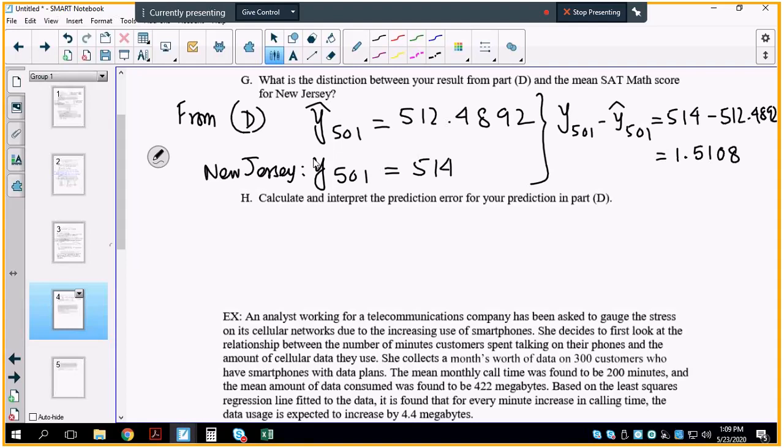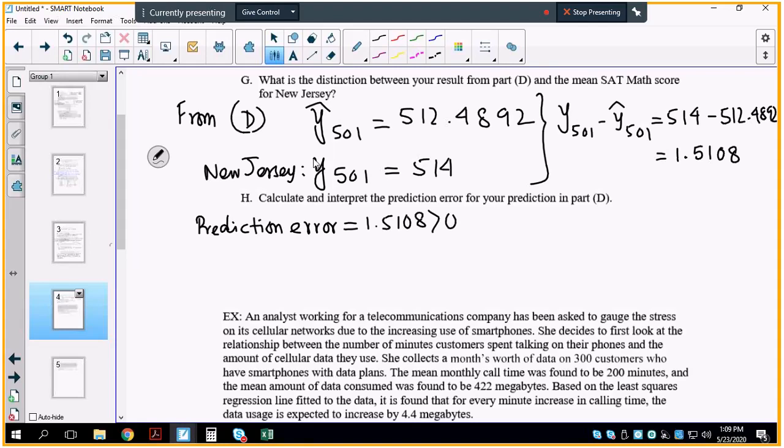And then it is saying calculate and interpret the prediction error for your prediction in part D. So we already calculated the prediction error. We will say the prediction error is equal to 1.5108. Remember, this is positive, which will help you interpret.